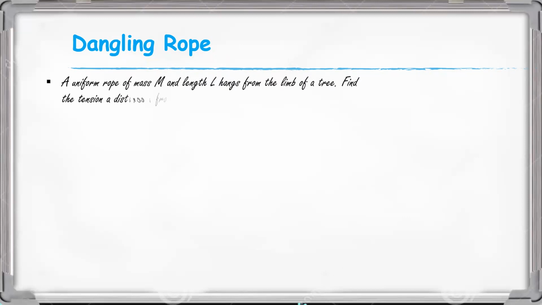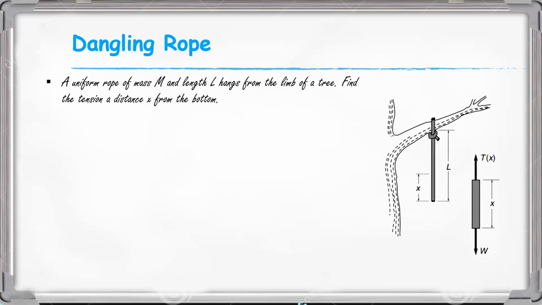A uniform rope of mass m and length l hangs from the limb of a tree. Find the tension a distance x from the bottom. Look at the figure.